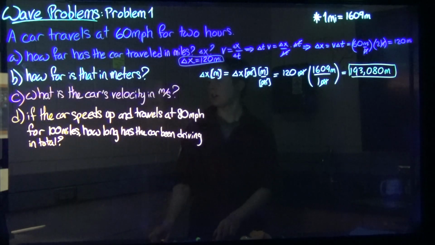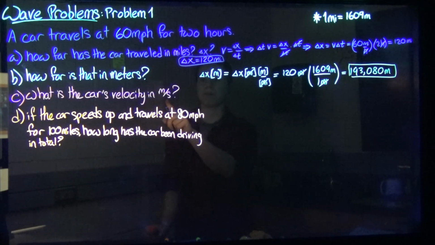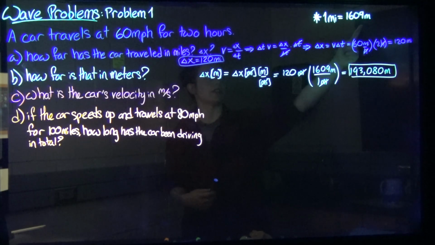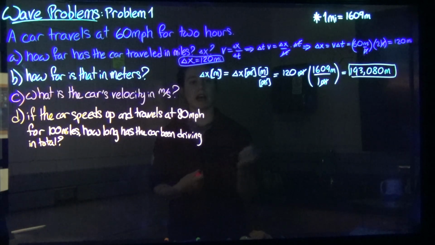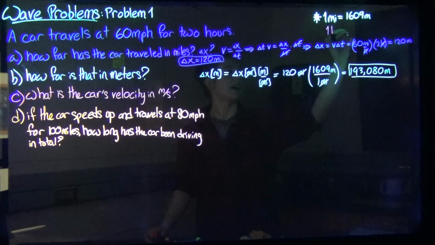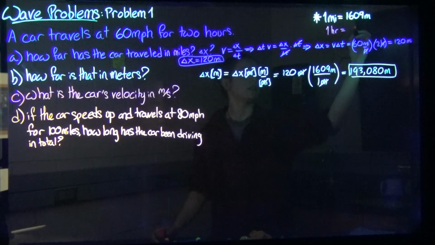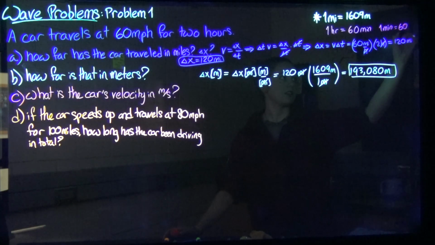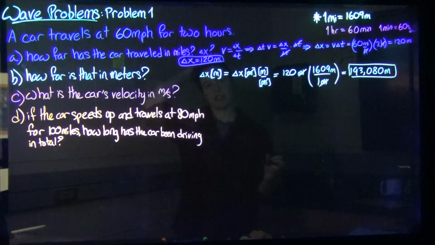All right. Part C is what is the car's velocity in meters per second. So here, we already figured out we have our mile to meter conversion, and we have that 1 hour is equal to 60 minutes, and 1 minute is 60 seconds. So we can set this up.